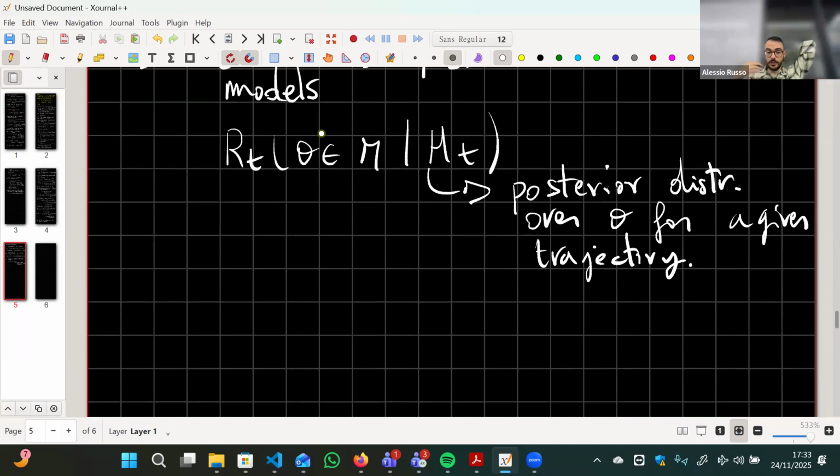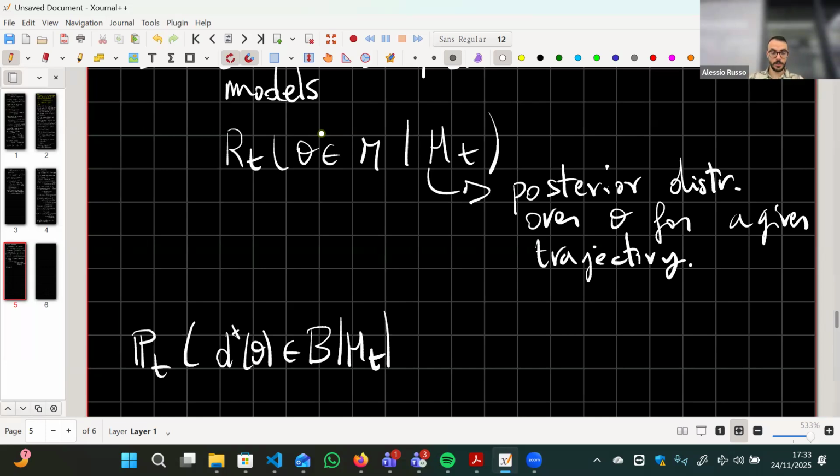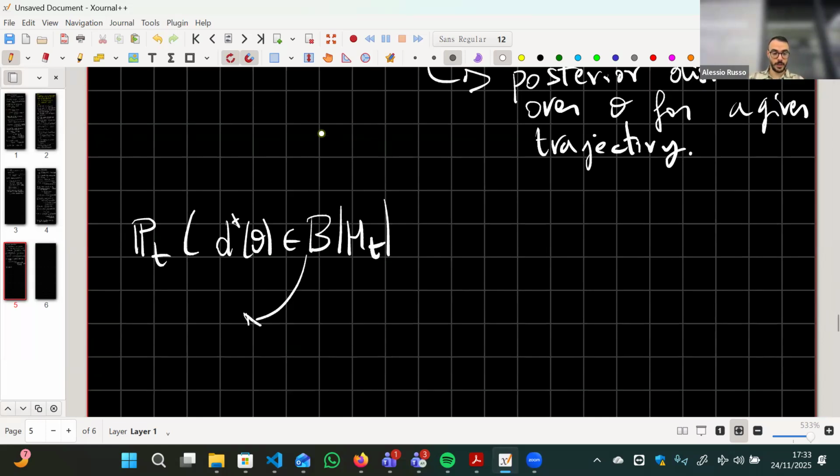And now from this distribution, we can also define the posterior distribution over the true hypothesis: the probability that the true hypothesis belongs to some subset B given a trajectory H_t, where B is any set in the Borel sigma algebra of the decision space.